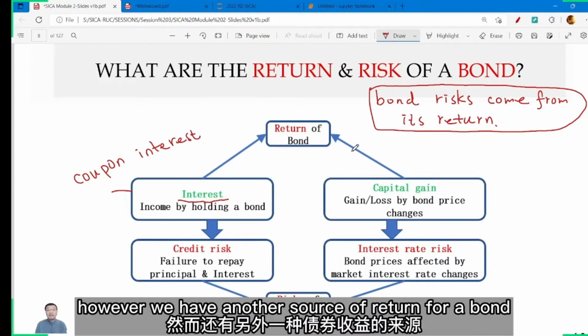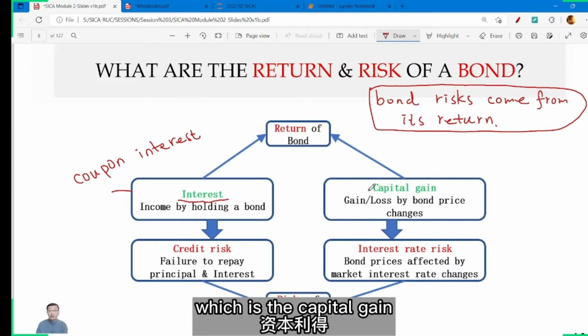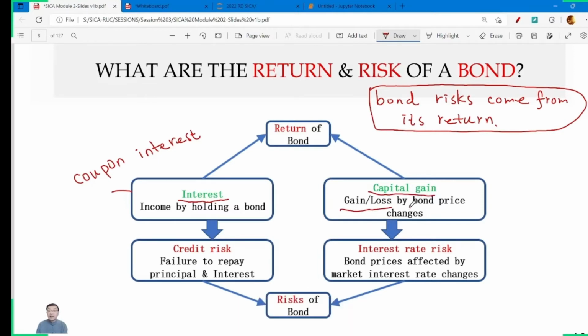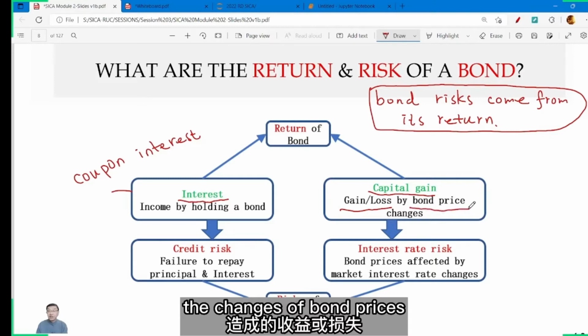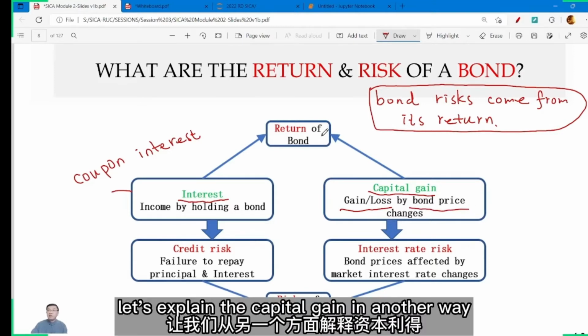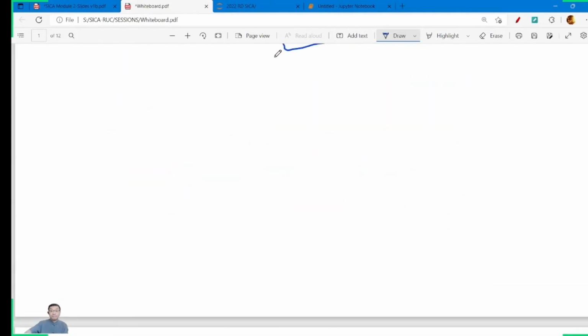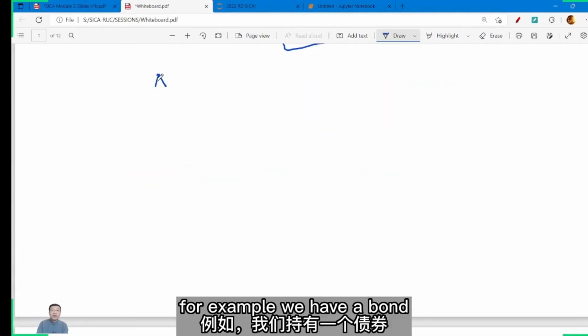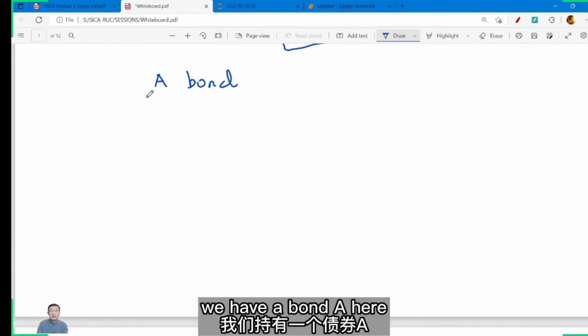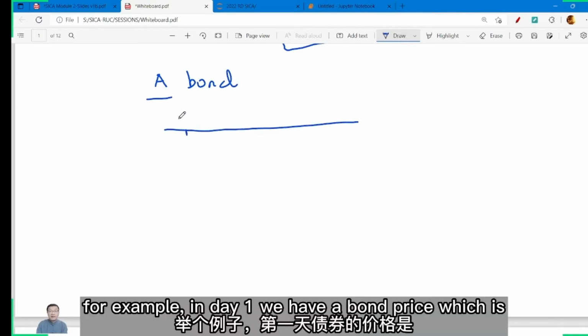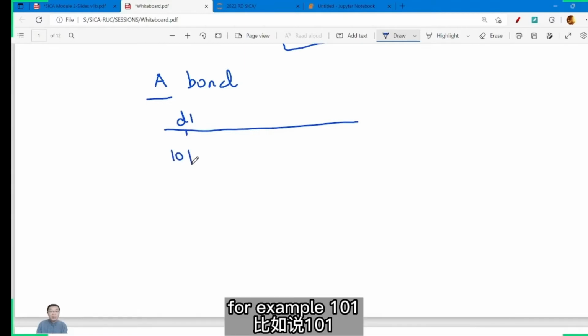However, we have another source of return for a bond, which is the capital gain. The capital gain means gain or loss from changes in bond prices. Let's explain the capital gain in another way. For example, we have a bond A here, and the bond is tradable in the market. On day one, the bond price is, for example, 101.